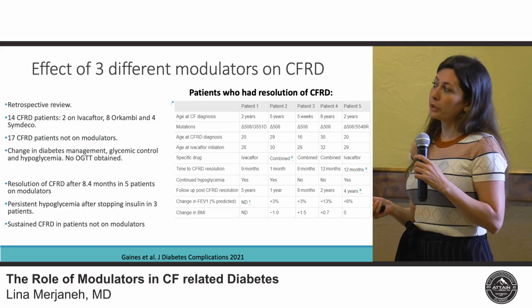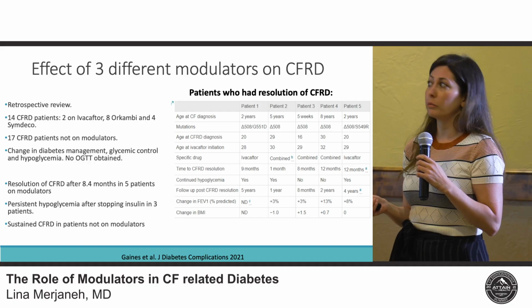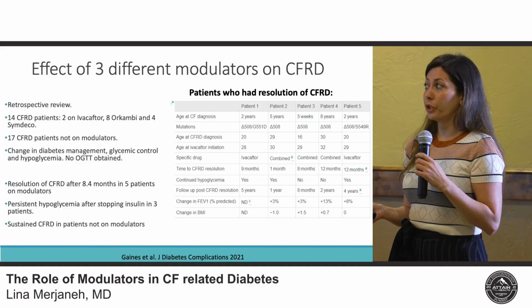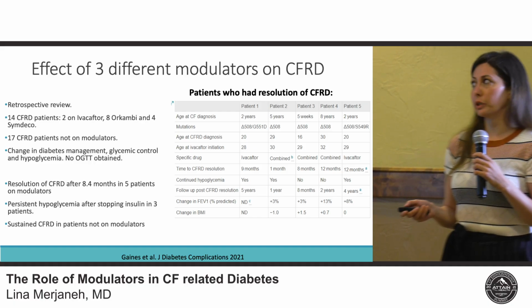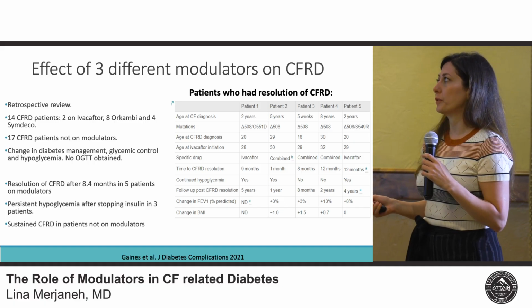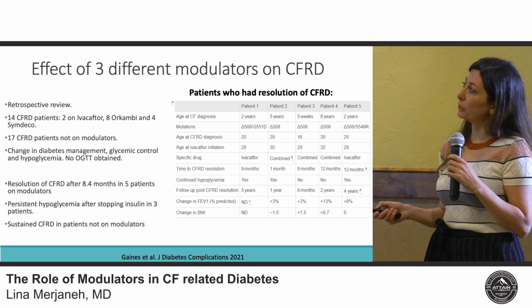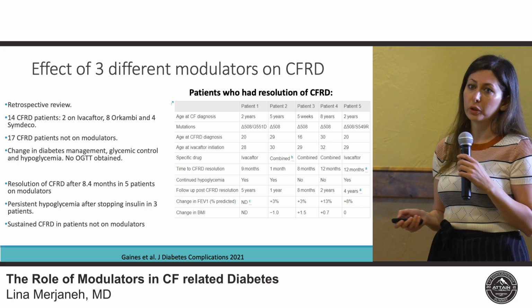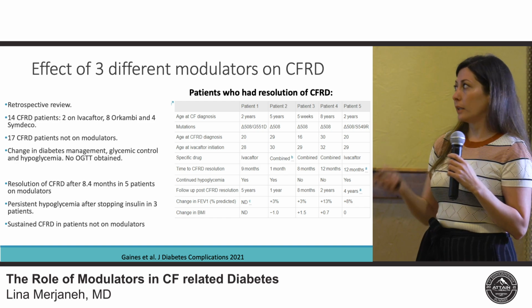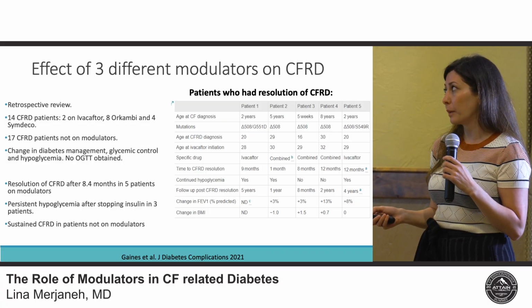And they reported that CFRD resolved in 5 out of these 14 patients on modulators, on average 8.4 months after starting treatment. This table here includes the patients who had resolution of CFRD. What's interesting is some of these patients had CFRD for like 8 or 9 years before starting treatment, and 2 were on ivacaftor and 3 were on Orkambi.